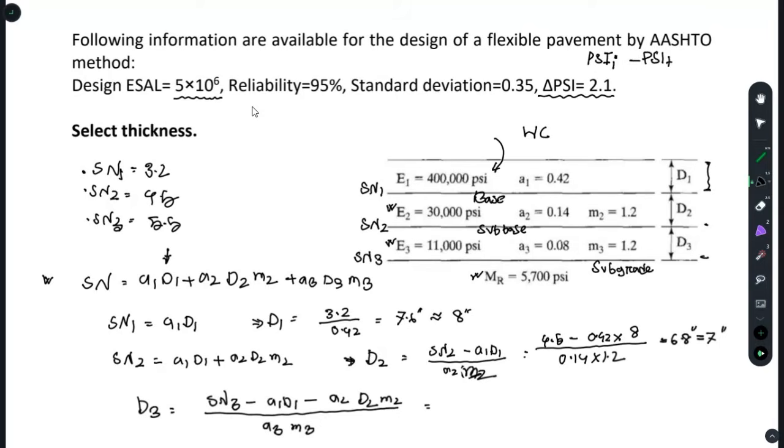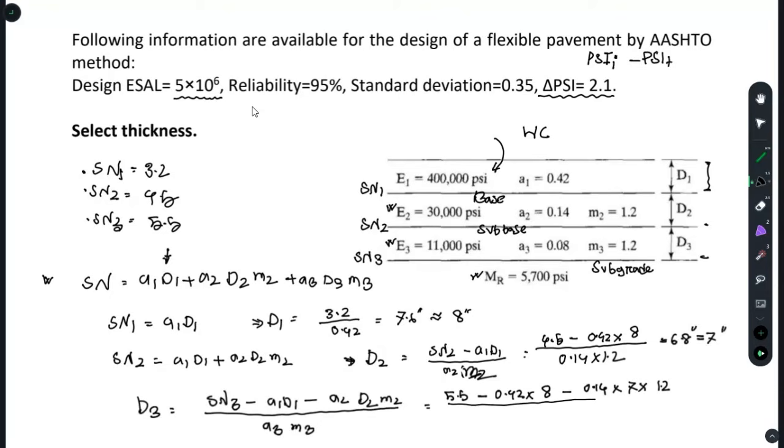Well, I'm writing that A1 is 0.42, D1 is 8, and A2 is 0.14, D2 is 7, and M2 is 1.2.